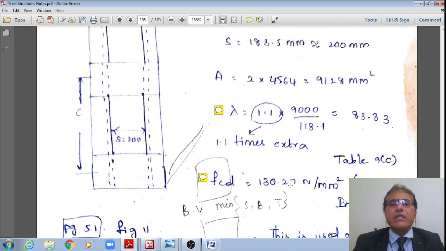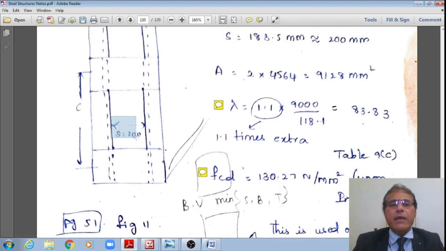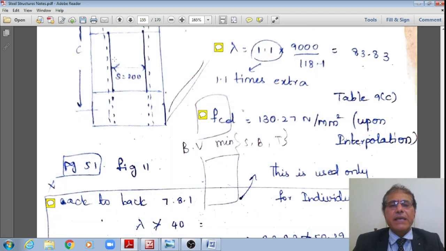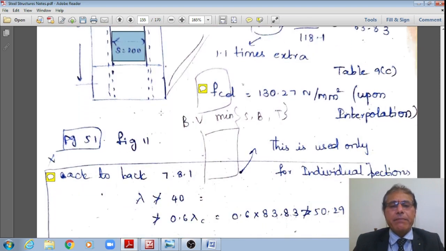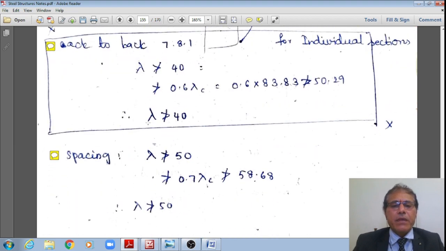Just now I got this 183 point odd value, but now I want to provide a spacing of 200 mm, because for 200 mm, directly from SP 6, I can note down the relevant properties for the built-up channels, two channels placed back to back. That is how I fix the spacing between the channels as 200 mm. Therefore, the trial section along with the spacing between the channels is now over.